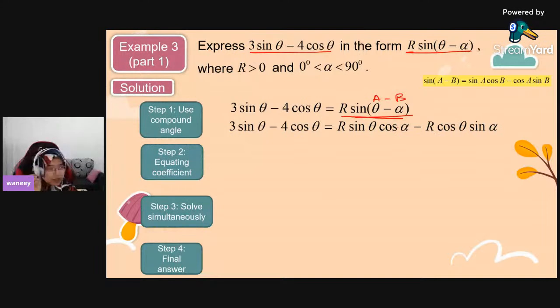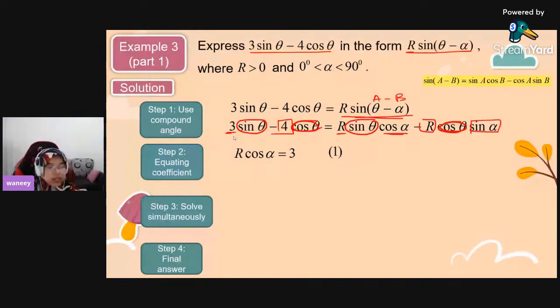Then use your highlight on the sine theta over here. So we can see that 3 is equal to r cos alpha. And then take another highlight. This is cos theta, so that means r sine alpha is equal to 4.